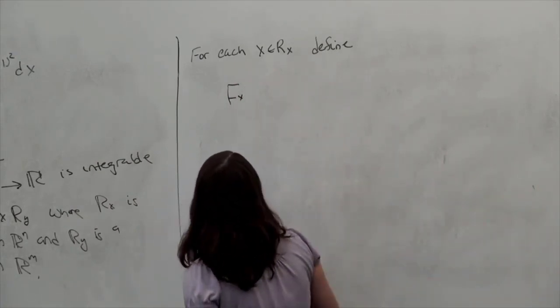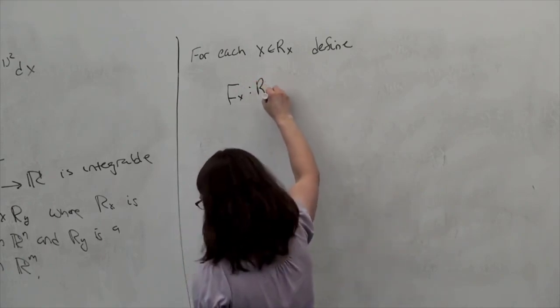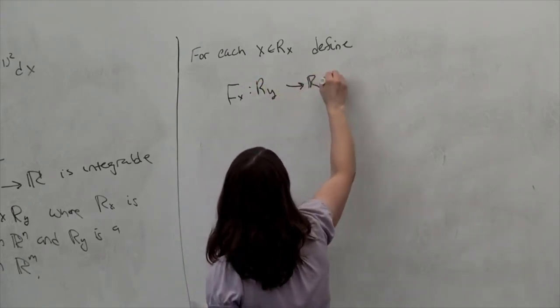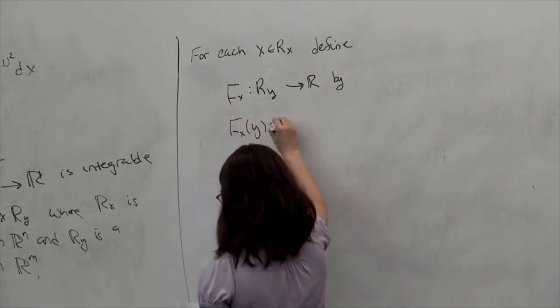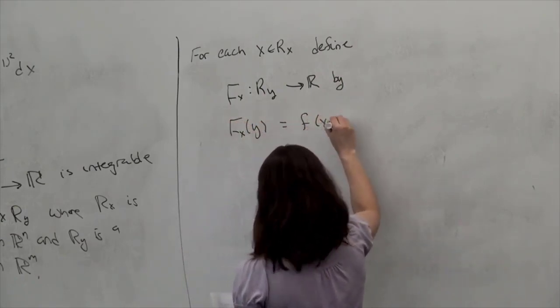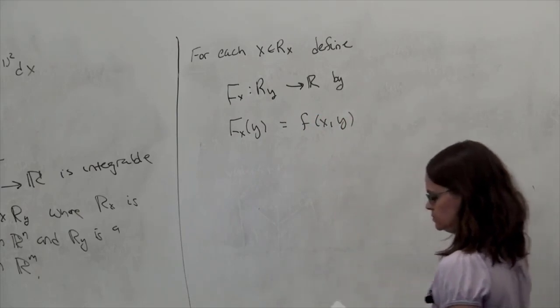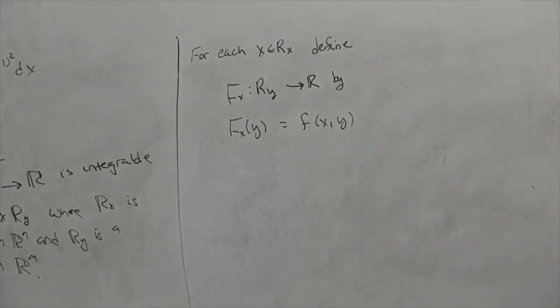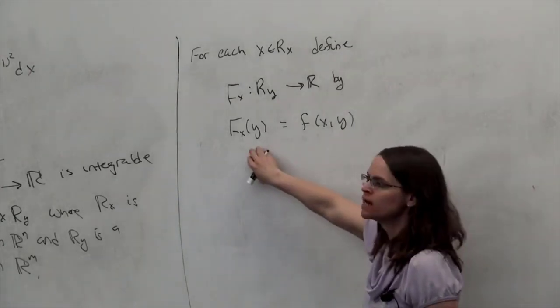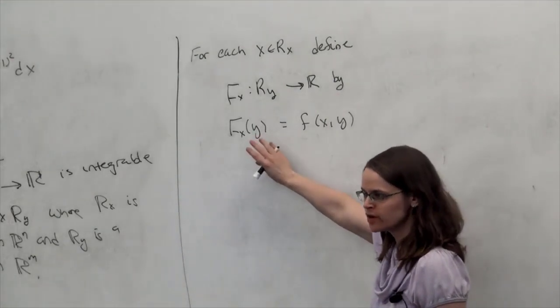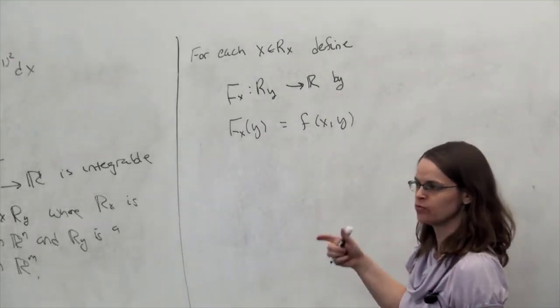Actually, let me write it like this. It takes the domain Ry. So f sub x of y is just our original function. I'm just taking the original function and writing it this way to make it clear that we're now thinking of it as a function of the y variables, which are vectors.